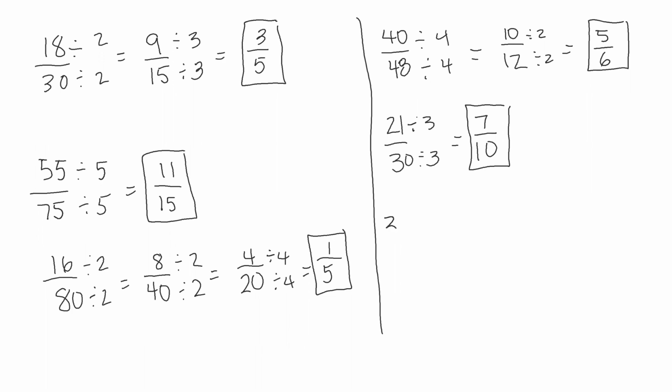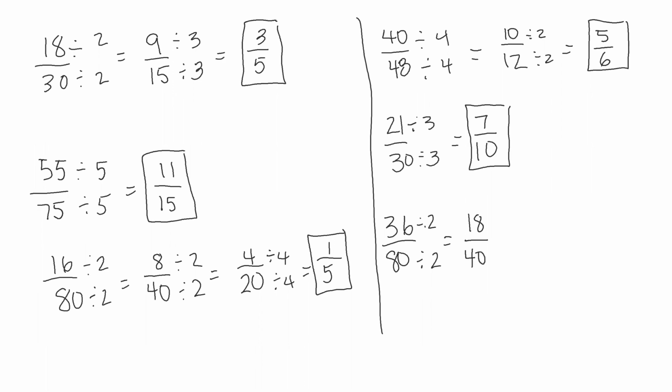Let's try, I want to find another good one. Let's do 36 over 80. Now, for 36 and 80, 80 is a little bit bigger, might be hard to find the GCF. So we recognize that the numbers are both even. And anytime you have even numbers, they're divisible by 2. Let's just go ahead and start with dividing by 2. Well, 36 divided by 2 is 18. 80 divided by 2 is 40.